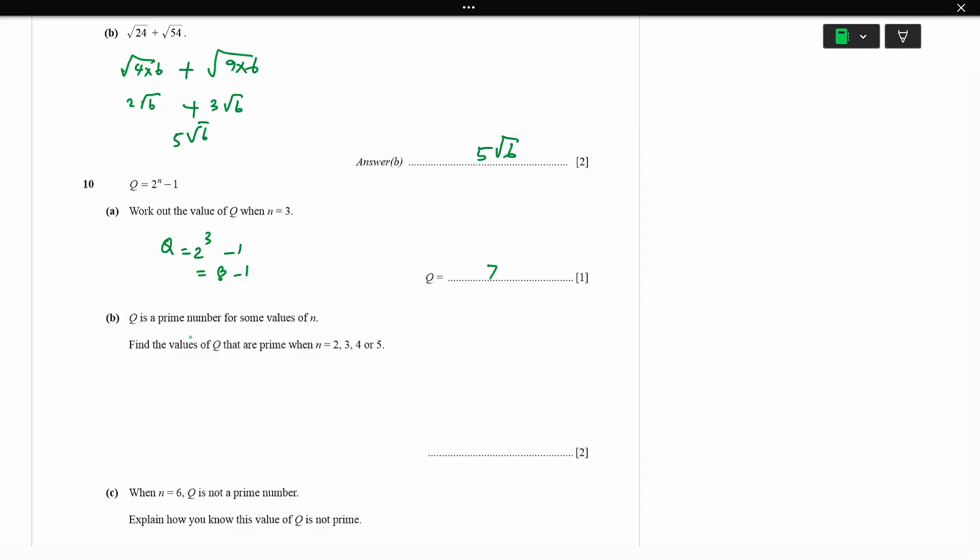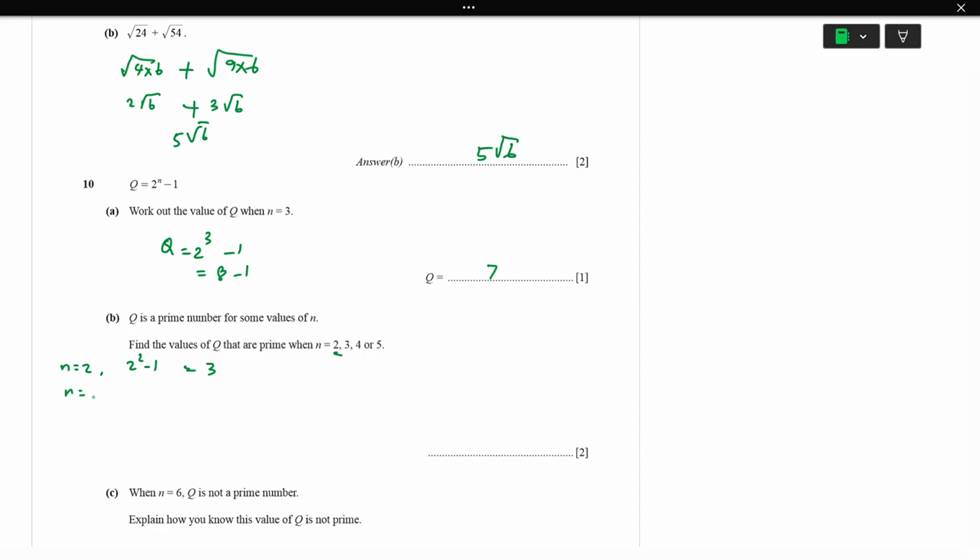Next, q is a prime number for some values of n. Find the q, the prime numbers, n equal to 2, 3, 4, 5. Just substitute these values here. Okay, first we do n equal to 2. So 2 power 2 minus 1, which is 4 minus 1. The answer is 3.